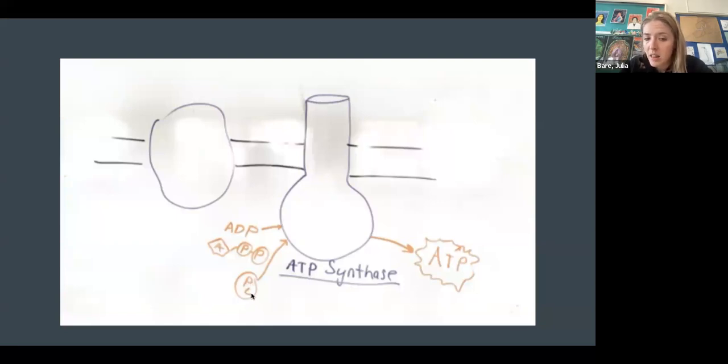So that's what this P lowercase i stands for. I know it looks like a C, but it's a lowercase i. You can see the little dot above it. So these two molecules, the inorganic phosphate and the adenosine diphosphate, are going to get smushed together in ATP synthase to form ATP.